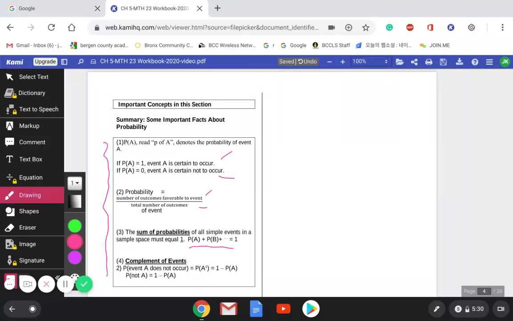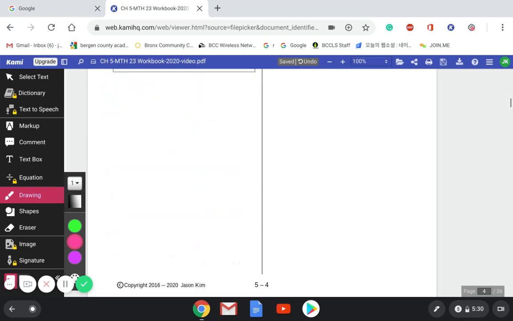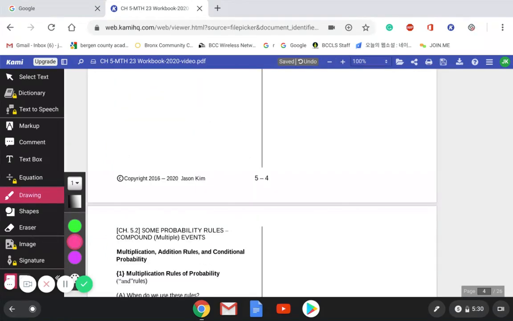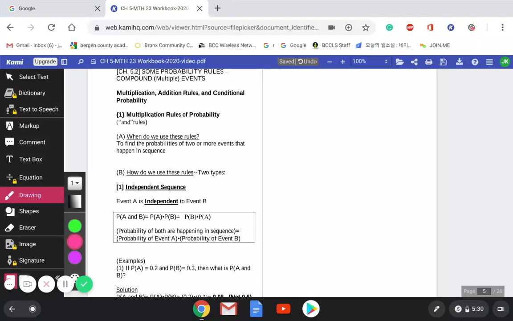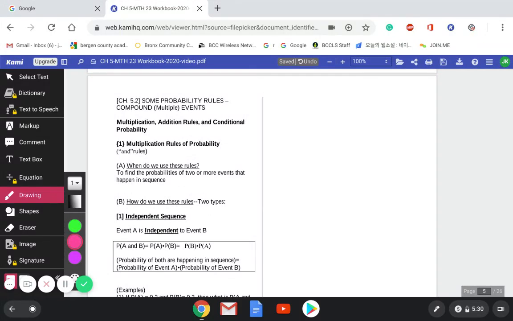The sum of probabilities is always equal to 1, and that is something called the complement of events. You can find it from 1 minus the probability of the event. Okay? So that's the basic definition of probability and the probability of a single event.